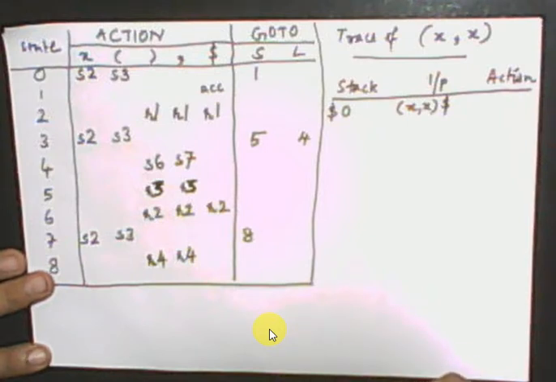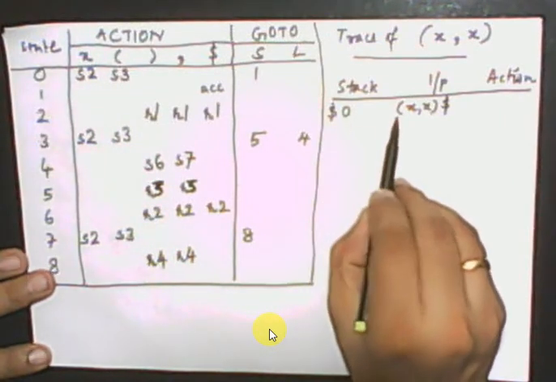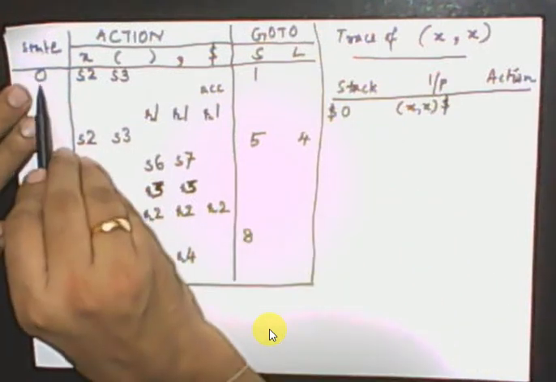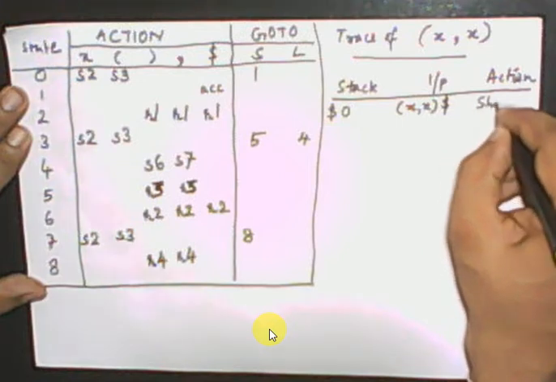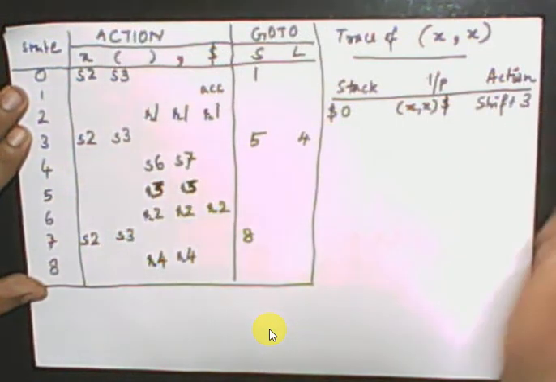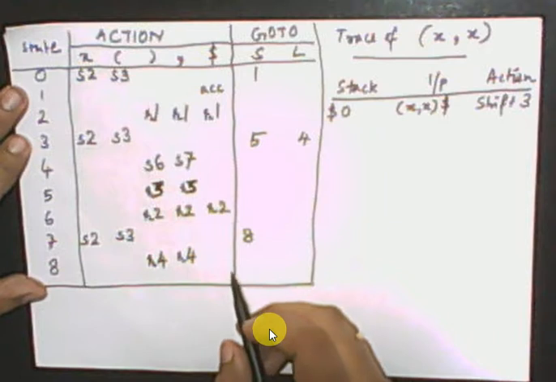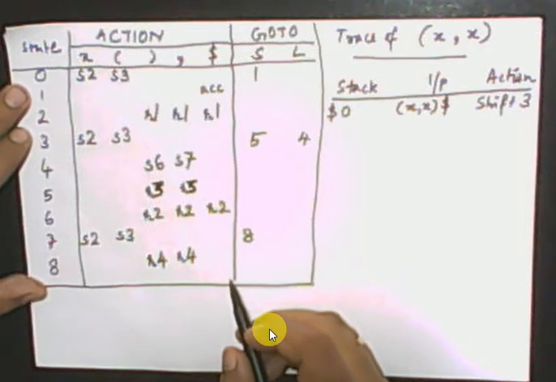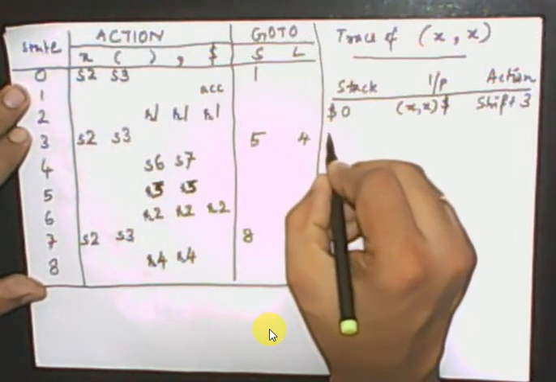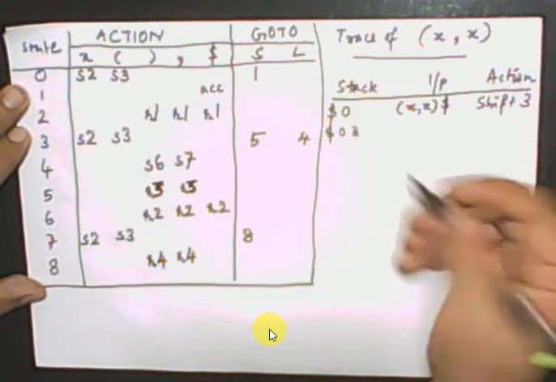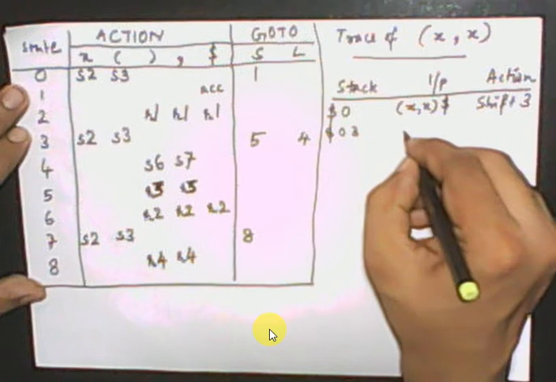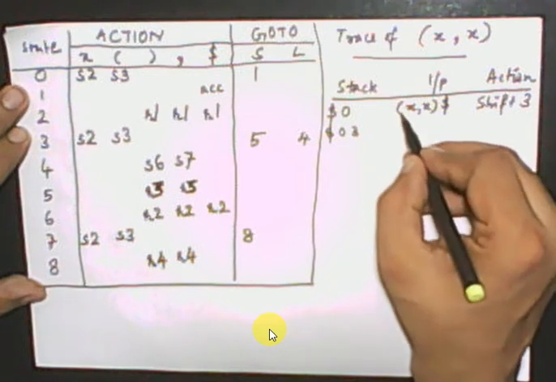So 0 on left parenthesis, it is shift 3. So the action will be shift 3. That means you need to have 3 on the stack, 0 3, and this left parenthesis will be gone.